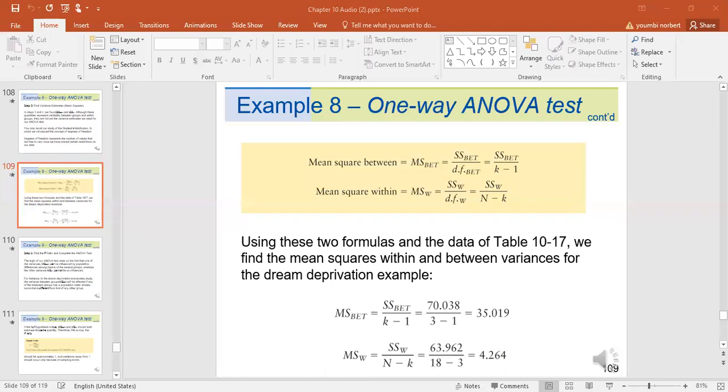0.0039. Is it significant? Do you know what it means to be significant, based on what we have been doing? When somebody asks you, is it significant? It means, is it getting into the critical region, or is it less than alpha?